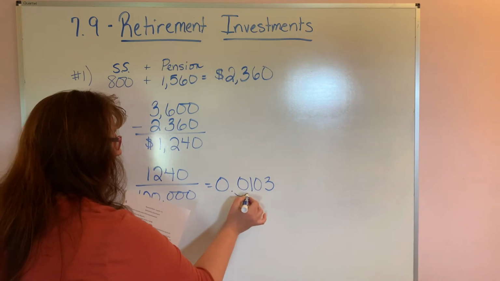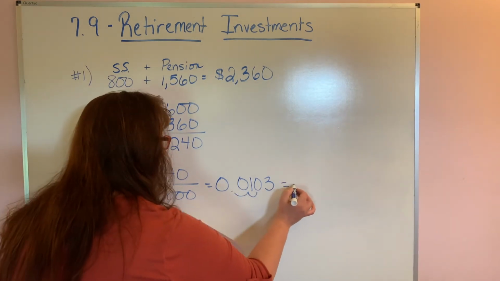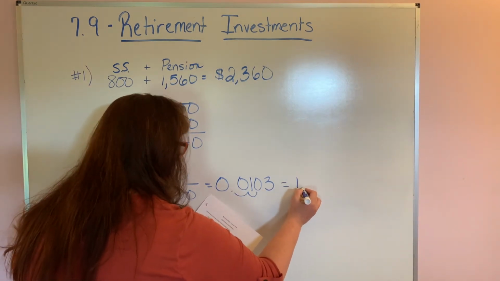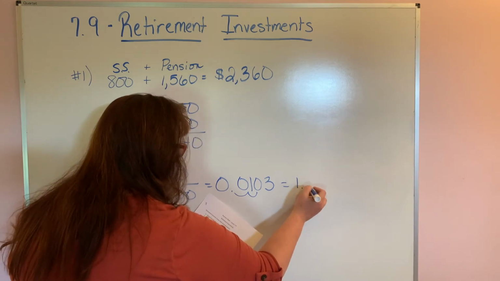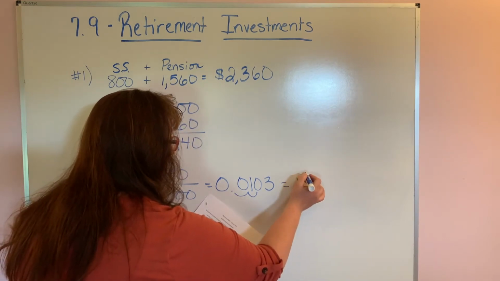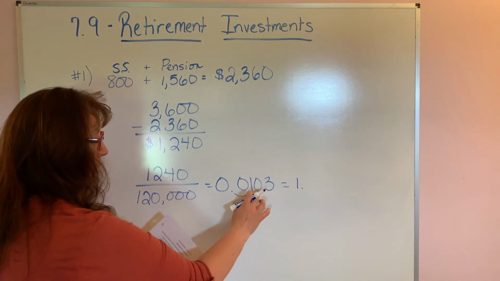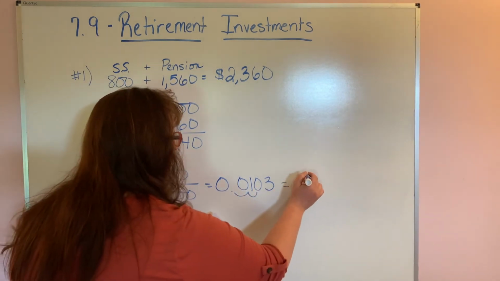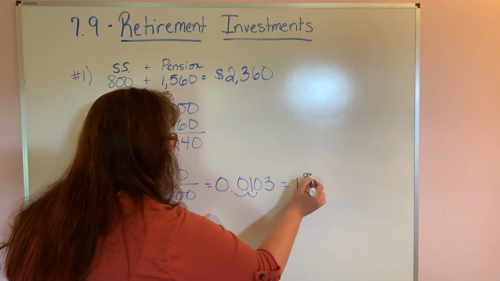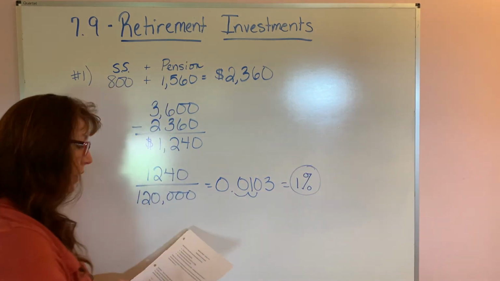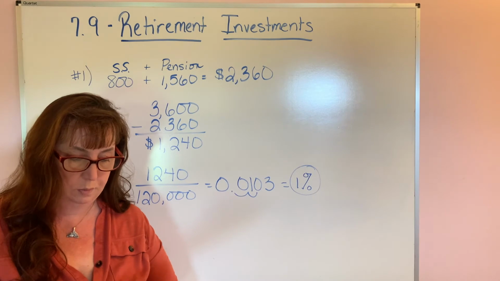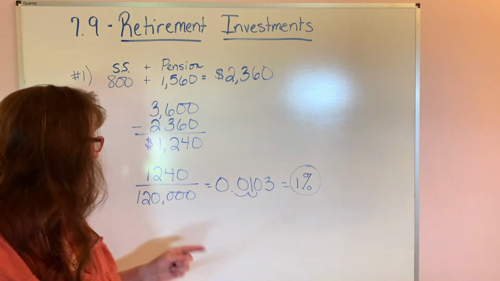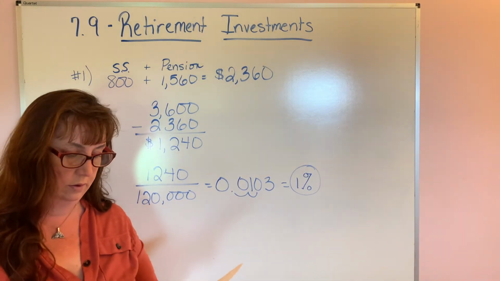Move the decimal over 2 places to make it a percent, which would be 1.03. Because it said round to the tenths place, there's a 0 there, next door is a 3, so we don't round it up. So it's just going to be 1.0%, or 1%. So he needs to take 1% out of the $120,000.